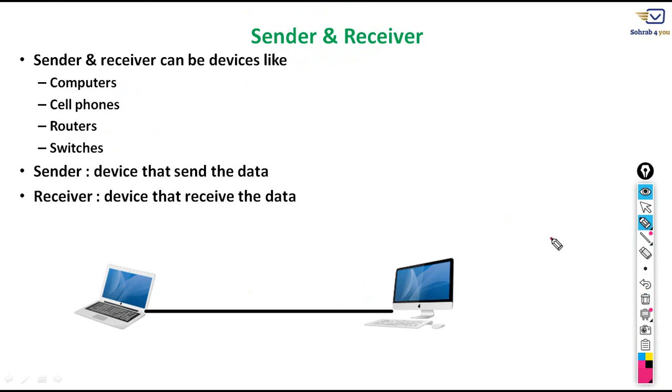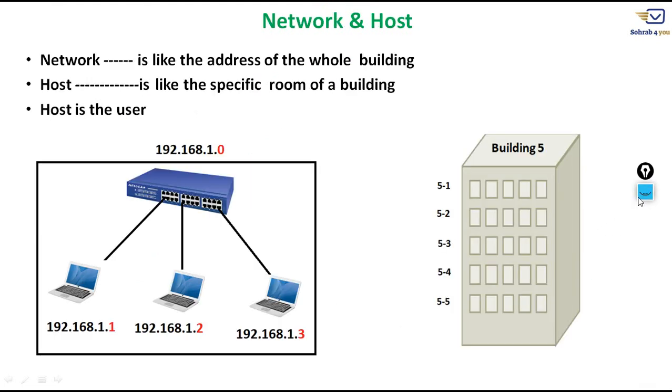What do we have? The next which we are going to have is about network and host. What do you mean by the network address and host address? When you hear about the network, it is the address of the whole building.